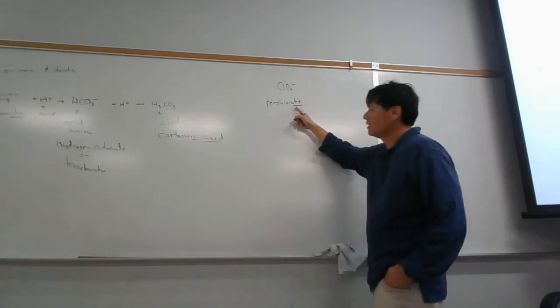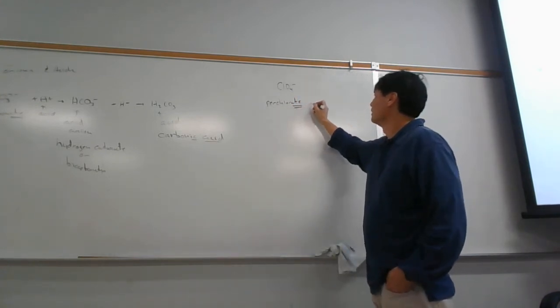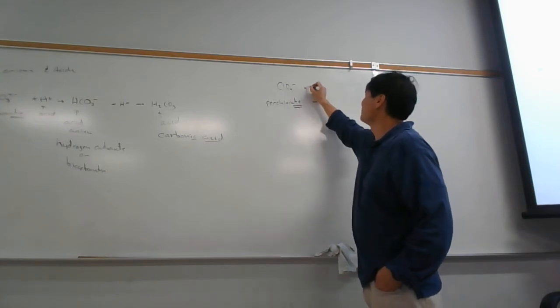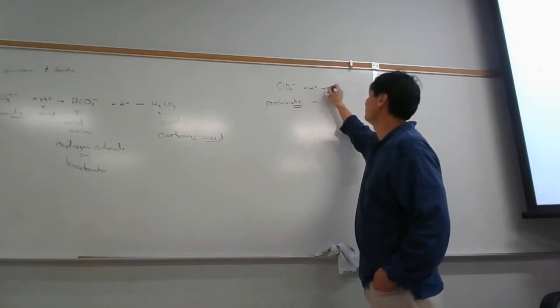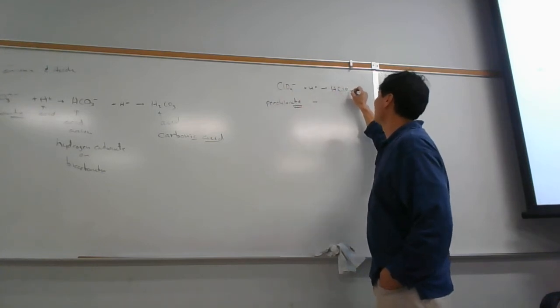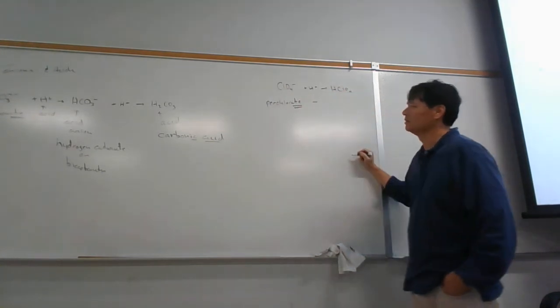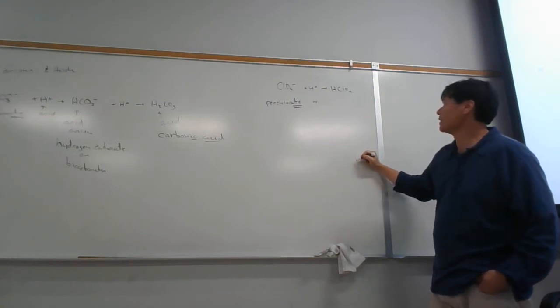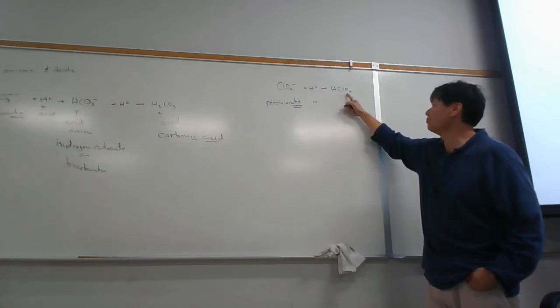And so again, we have the ate ending here. And that means, in this case, we can only attach one H+. We're not going to form an acid anion here. It's just going to go straight to an acid. Now, we always write the H first in acids and acid anions. So this is going to be HClO4.